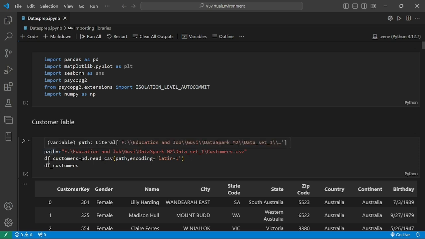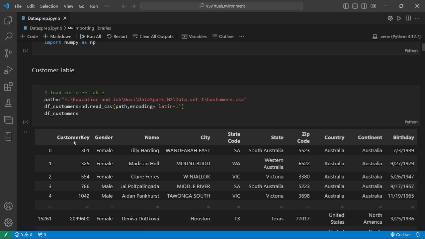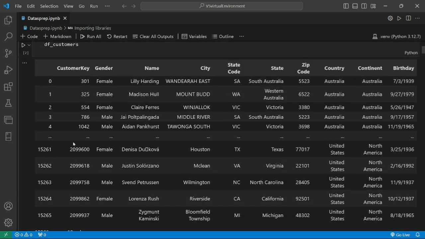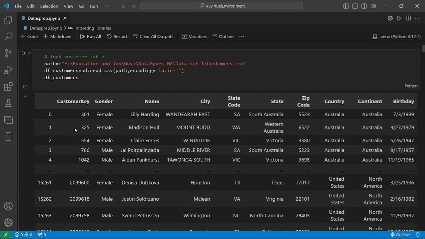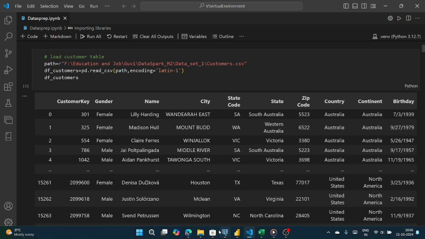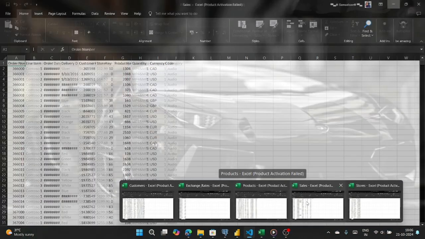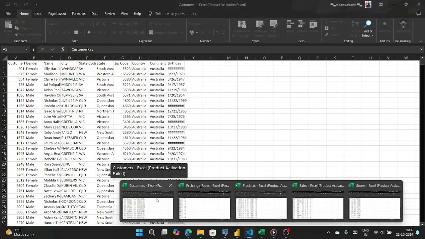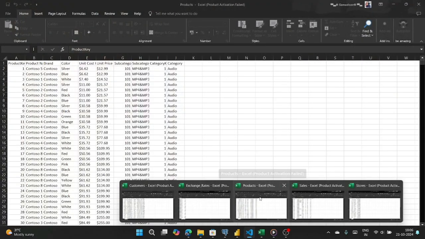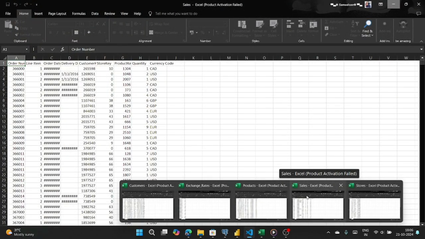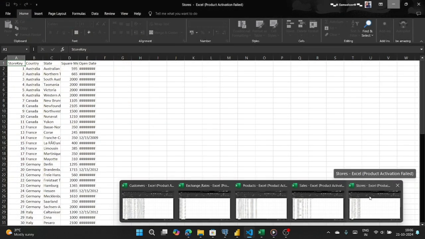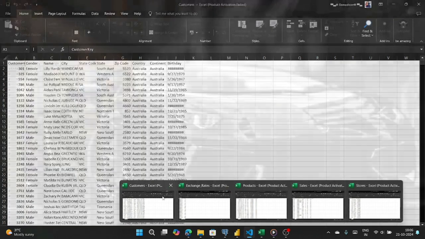I have already got the data sets from the project, from the company. So you can see these are the data: product, customer details, exchange rates, product details, sales details and store details. These are the 5 data files I got from the company.